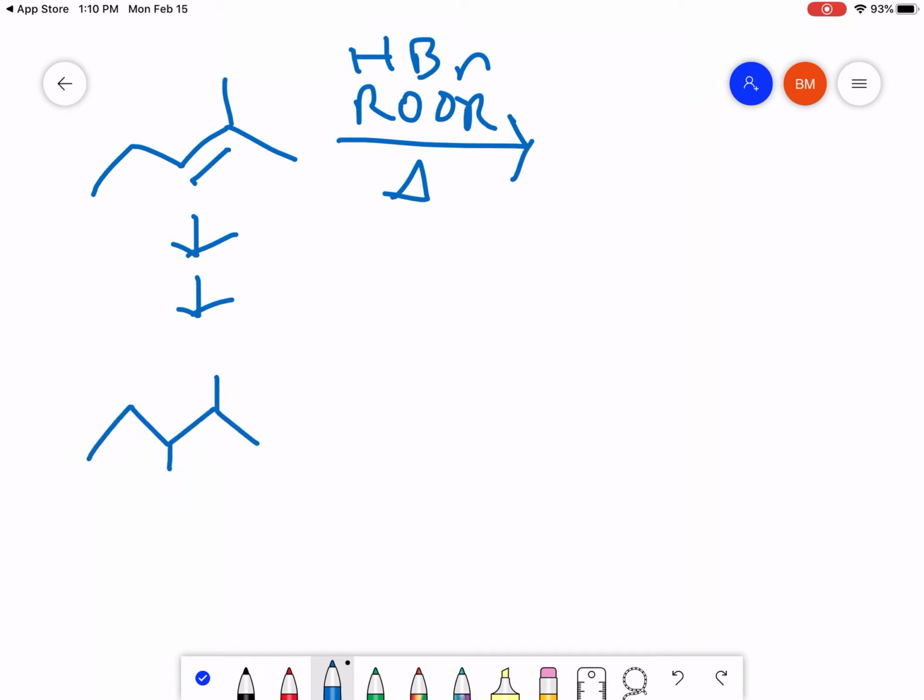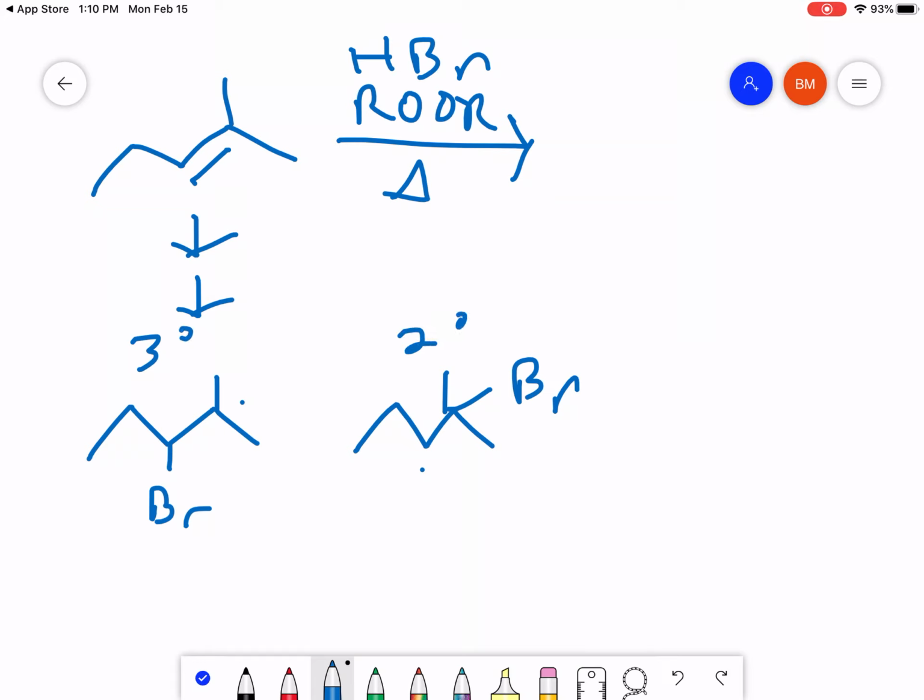The Br could add itself there and make a radical on that carbon, or it could add itself here and put a radical on that carbon. Again, just like we've been doing, compare the radicals. In this particular case, I think we can see that this one is tertiary, whilst this one is secondary.